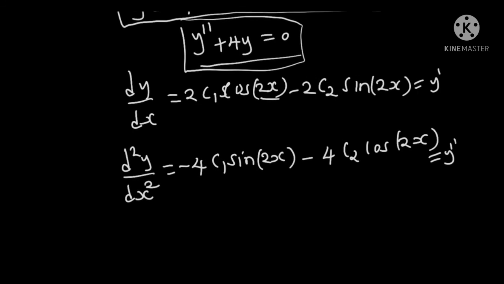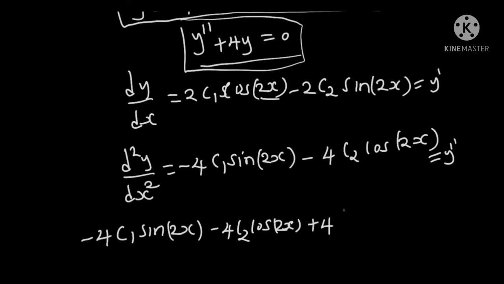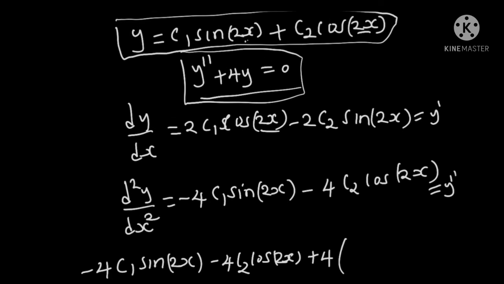So our y double prime is given by minus 4 c1 sine 2x minus 4 c2 cos 2x plus 4 times y. y is our original equation given by c1 sine 2x plus c2 cos 2x.